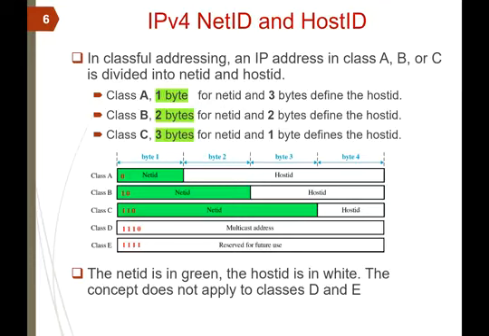So as we said, in classful addressing, IP addresses in class A, B and C are divided into net ID, the green ones, and host ID, the white ones. In class A you have the first byte for net ID, I greened them, and the white 3 bytes for host ID.